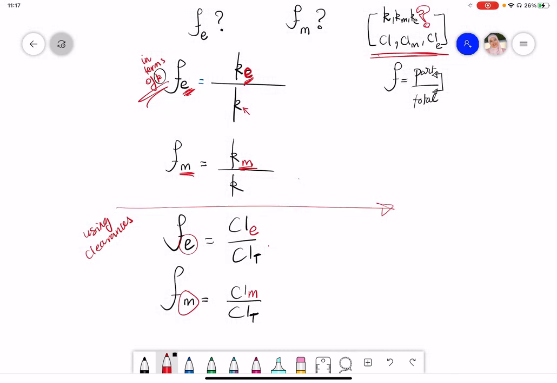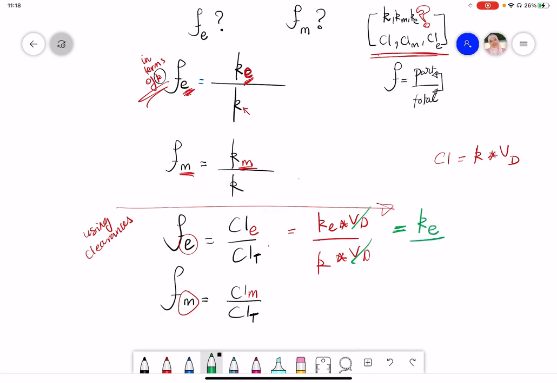And if you just remember that the clearance is K multiplied by VD, this would be Ke multiplied by VD over K multiplied by VD, right? And VD is constant, so I will have it as Ke over K, and a similar thing here, which would be equal to Km over K, right?